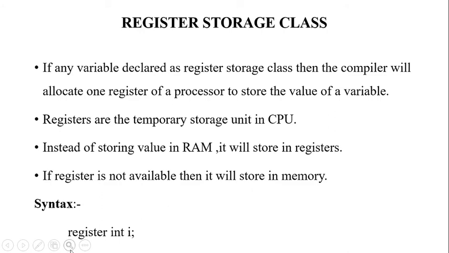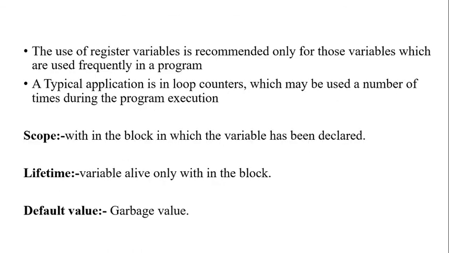So whenever the compiler sees a register variable, it automatically allocates a particular register inside the CPU for that variable. Mainly we use register storage class variables for frequent access, for example, in the case of looping statements.